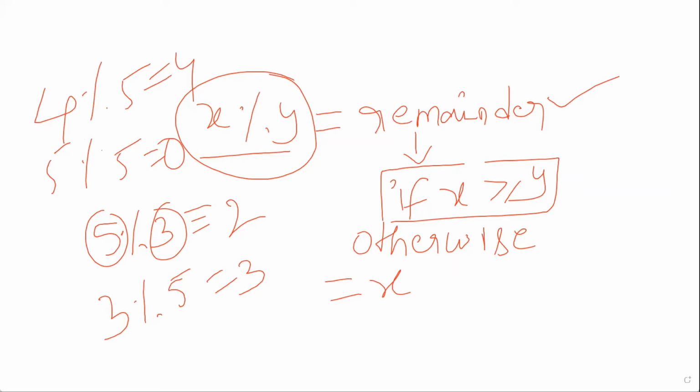If so, it returns the remainder. If x is less than y, it returns the x value. Means if I apply 1 modulus 10, it will be 1 only. Up to 9 modulus 10, it will be the same. Means 9 modulus 10, the result will be 9. Okay, so that you should keep in mind when it comes to the modulus operator.